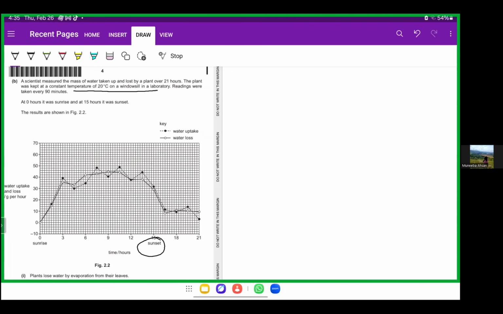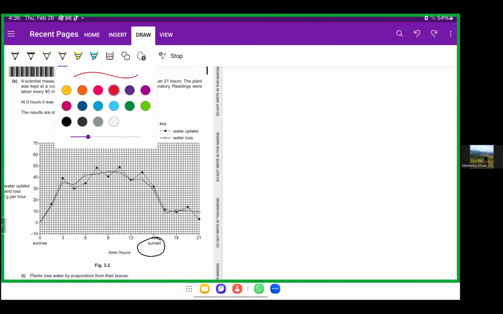As you can see, obviously, when the time passes from sunrise to sunset, the temperature gradually increases and then it decreases, right? So you can see that it is a very regular curve, and after the sunrise, obviously the temperature will rise. So you can see that the transpiration, or the water loss by the plant, is increasing, right?